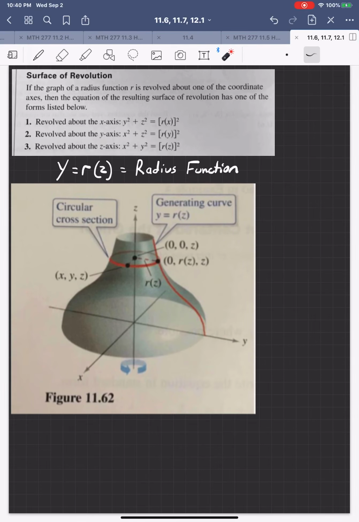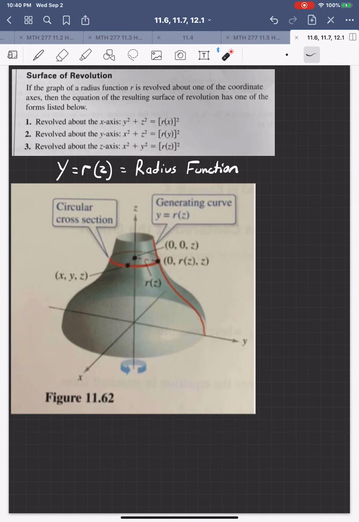Don't you agree with me that if this point was down here, your radius would be much larger than where it started? So that's the idea of r of z, what we mean when we say a radius function.